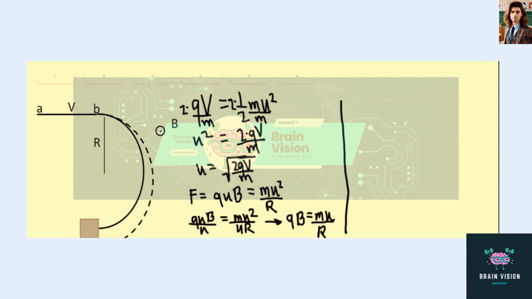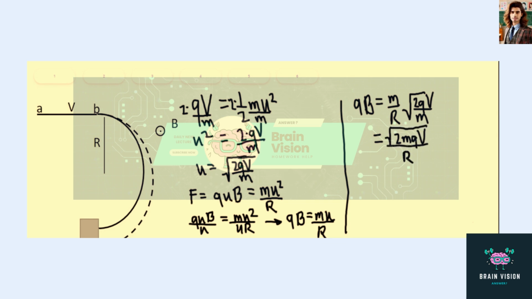And so now we have two equations we can use. If we insert the square root expression for the velocity into this qB expression, we then have qB equals m over r times the square root of 2qV over m, which further simplifies as the square root of 2mqV over r.